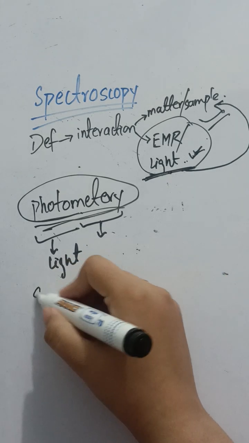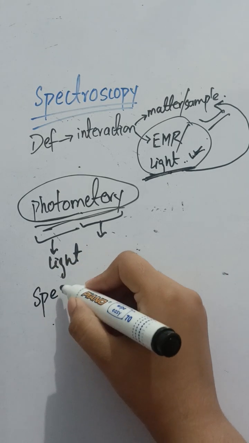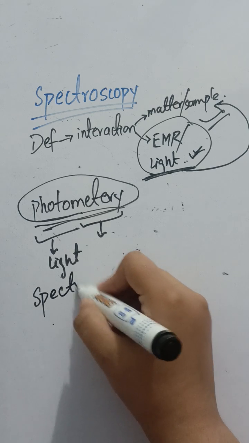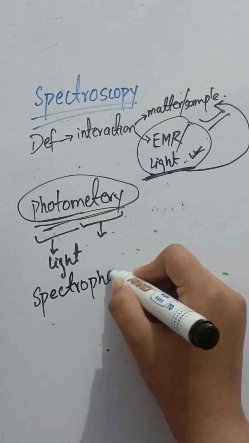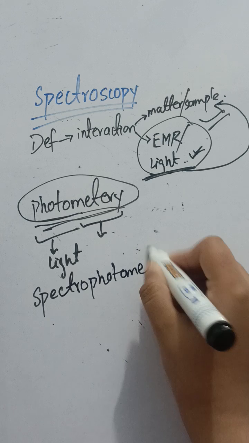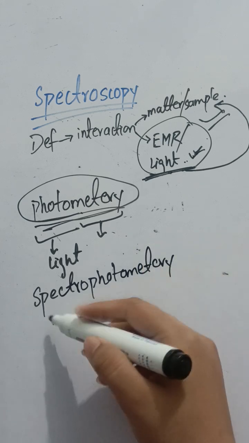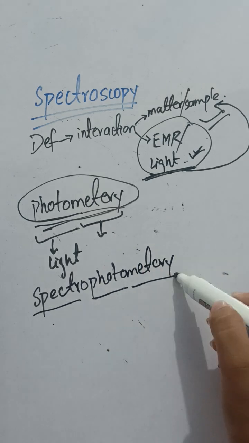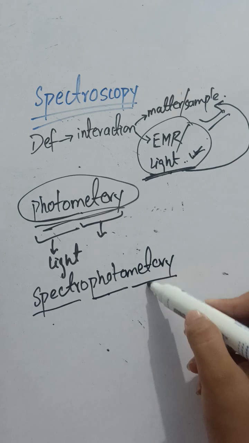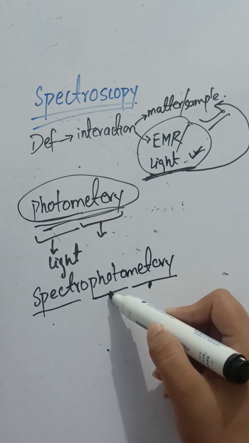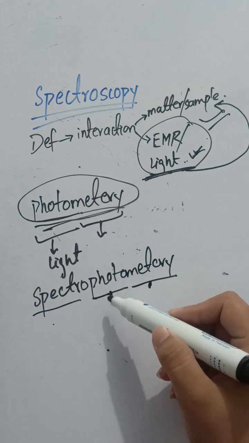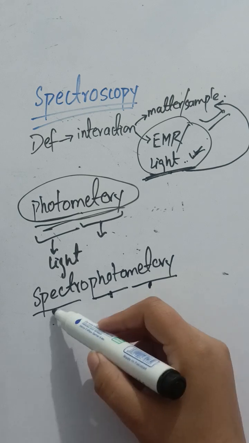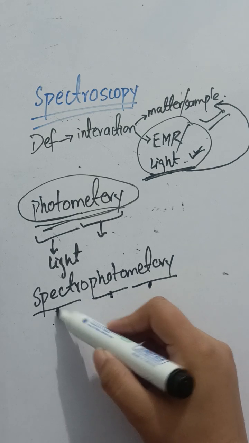The next term used in spectroscopy is spectrophotometry. Now, spectrophotometry is defined as the measurement of the amount of light that is thrown over a sample at a selected wavelength.